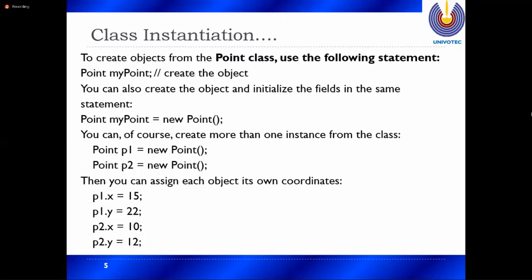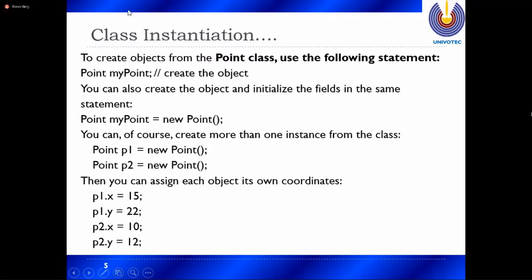You can use it like this. Here are P1 and P2. We create two new Point objects: Point P1 equal new Point, Point P2 equal new Point. There are two objects here. Then you assign the field coordinates P1.x, P2.x. As we already mentioned in our form, the top left corner is the origin point.